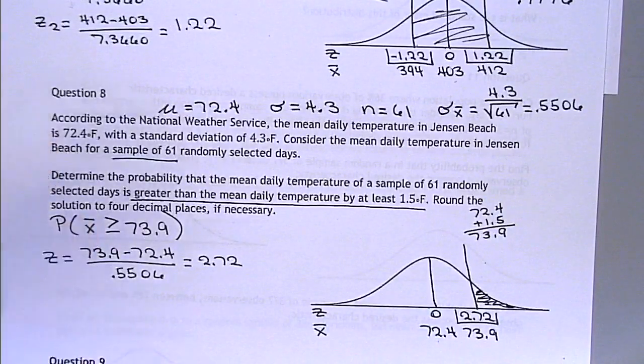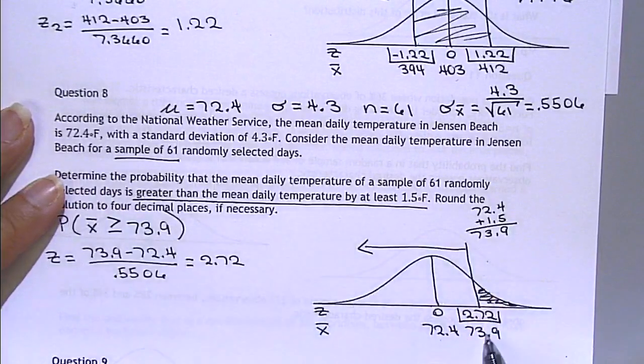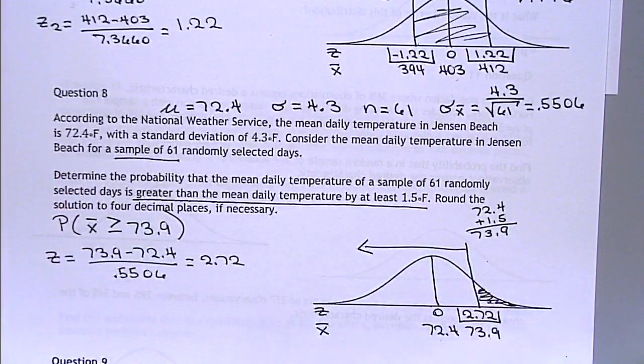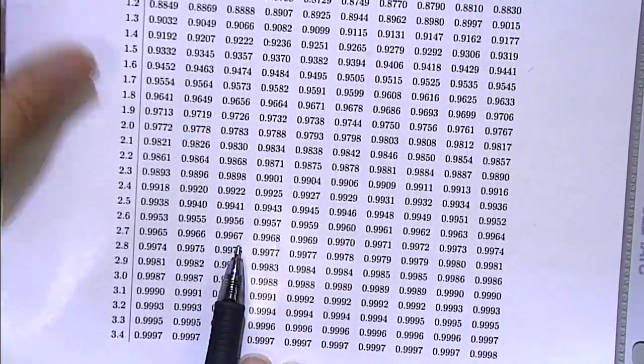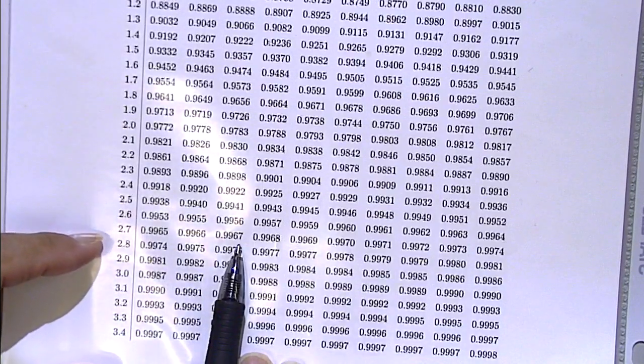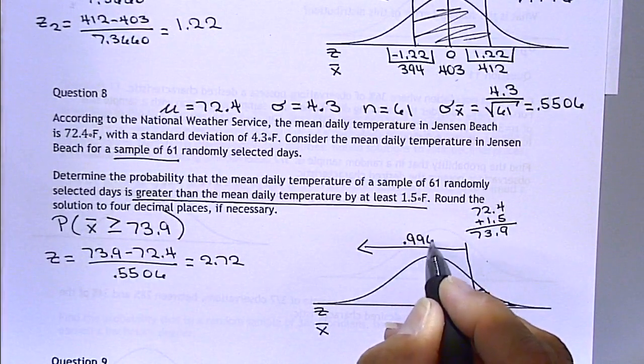Okay, so how do I find the area to the right? Well, Z doesn't give you the area to the right, remember, it gives you the area to the left. You can find the area to the left, which is right here. We can look it up. We would look up a positive 2.72, wouldn't we? It would be 0.9967. Okay, that entire area is 0.9967.